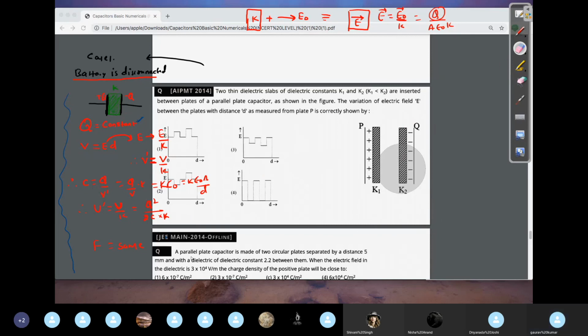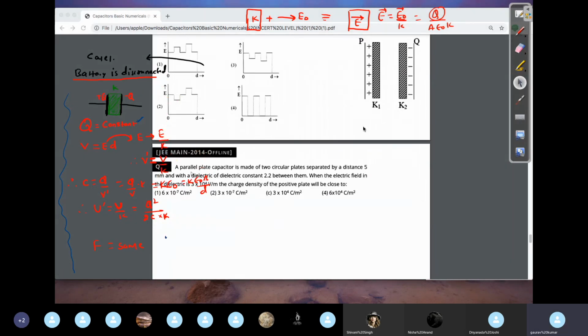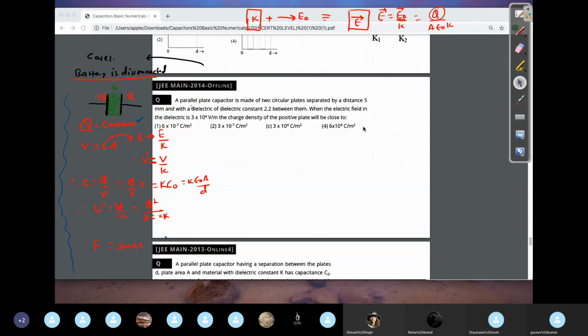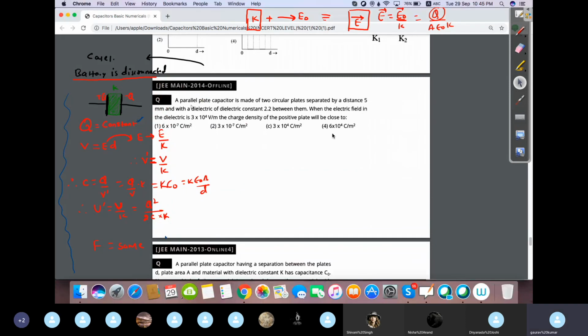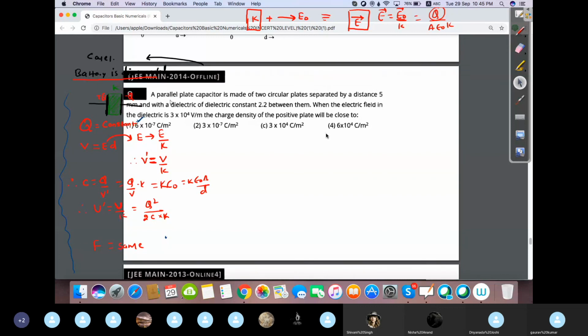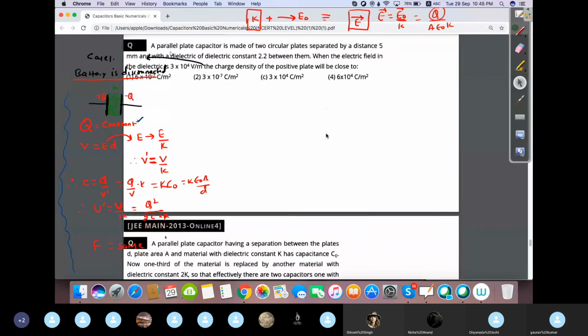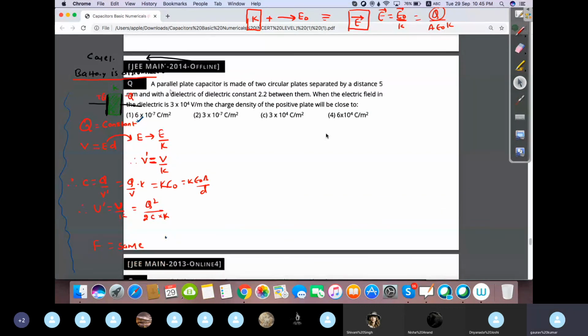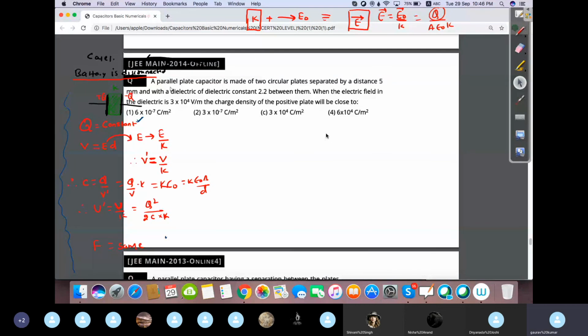Okay. Let's solve the next. Please solve this question. A parallel plate capacitor is made of two circular plates separated by a distance of 5 mm. The dielectric of dielectric constant 2.2 is inserted between them. When the electric field in the dielectric is this, the charge density.